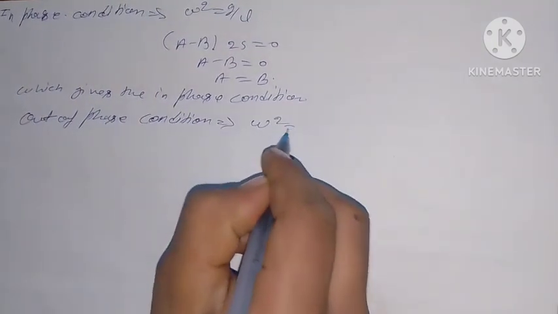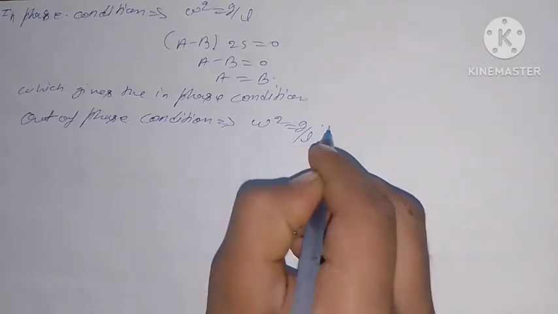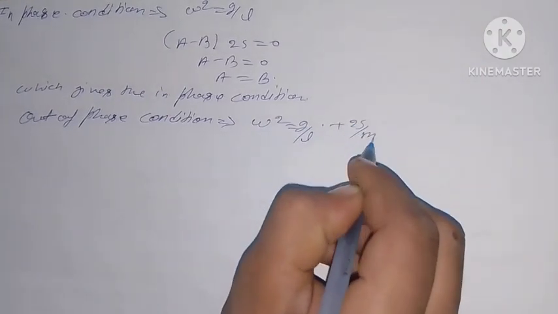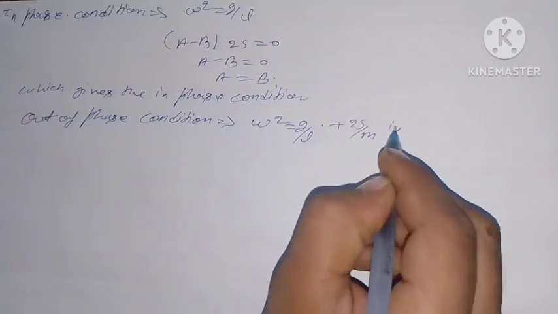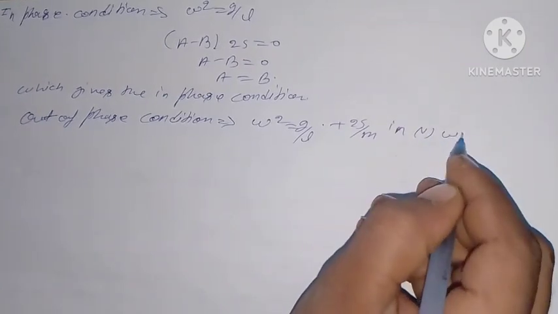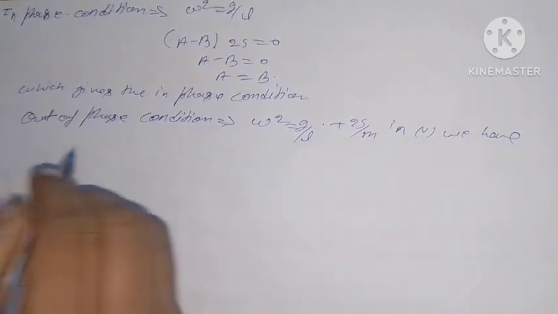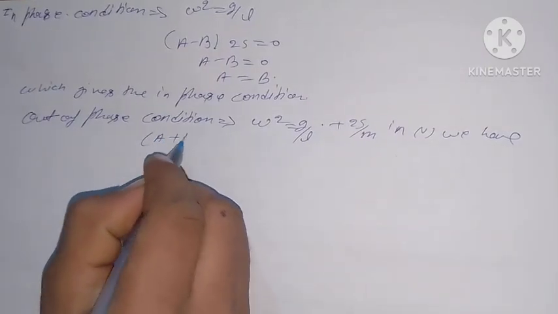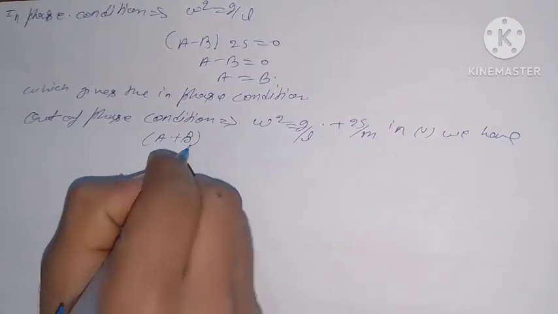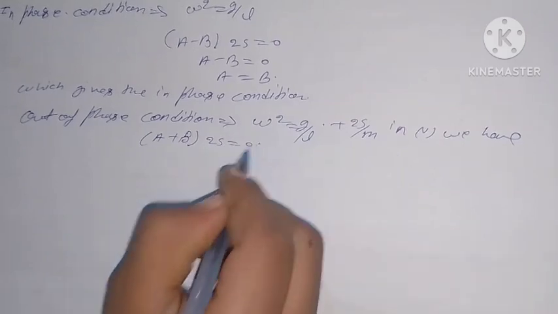Substituting ω² = g/L + 2s/m in equation 5, we have (a + b)·2s = 0.